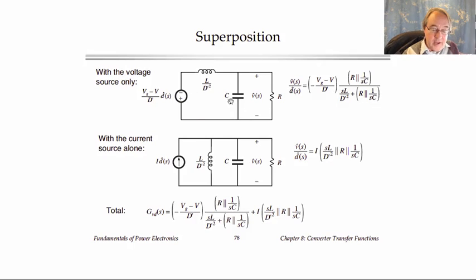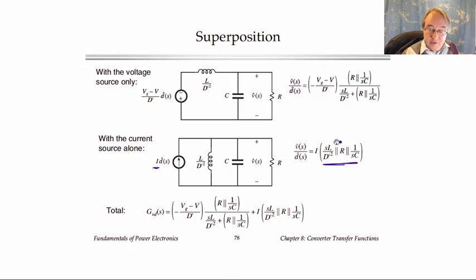So for the first case, we can again use the voltage divider formula. The output voltage is this coefficient multiplied by the divider ratio, and it's the same divider ratio as in the G_vg transfer function. In the second case, we have the current source driving the parallel combination of impedances, so we can write that the transfer function here is the coefficient I multiplied by the parallel combination of all three elements.